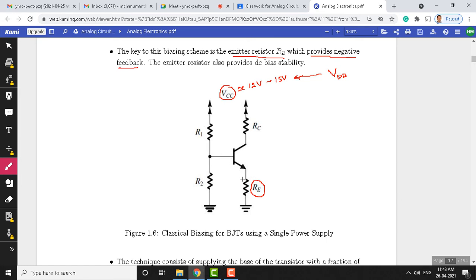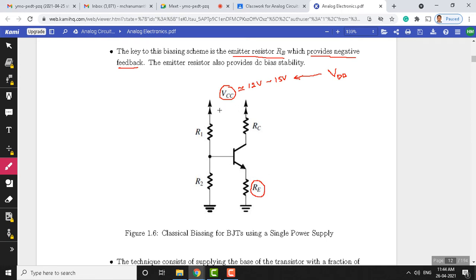Shortly we will get to know why we use this emitter resistor here, and how this circuit adapts itself, the base current especially, whenever there is a change in the transistor beta value or transistor parameters. Due to this emitter resistor, the complete circuit adapts itself to the new values of the currents and voltages. So, this is a very important resistor called the emitter resistor.